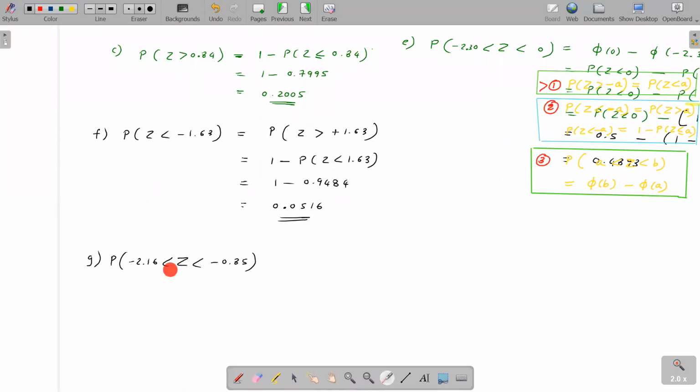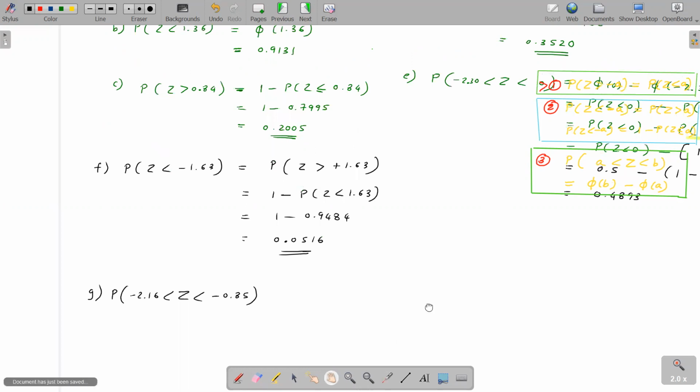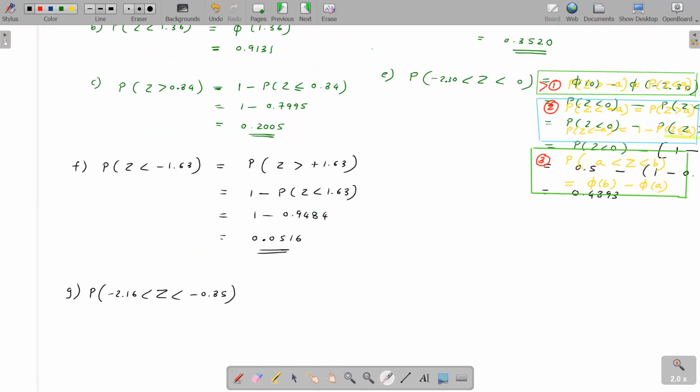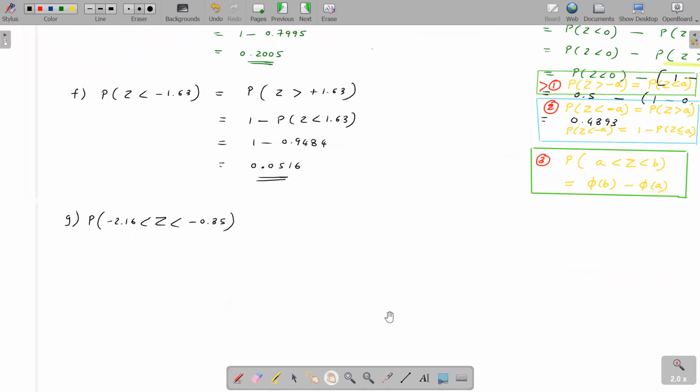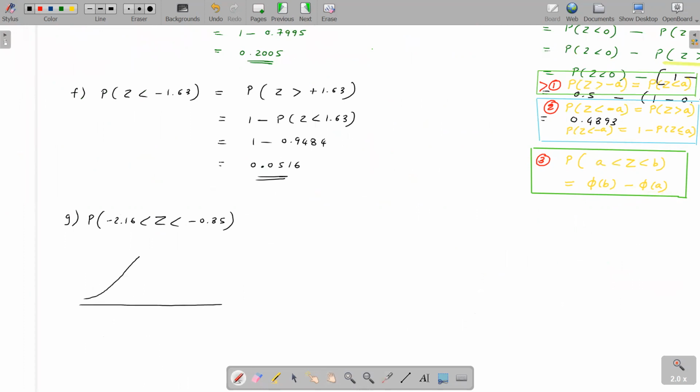All right, guys. So part G, that is between minus 2.16 and minus 0.85. In this case, both are negative, right? If I do it in this method, things are going to get very long, as you saw in the example before. In this case, let's make our life easier. I need the area from minus 2.16 to minus 0.85.